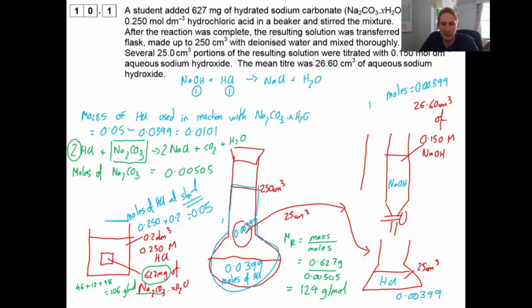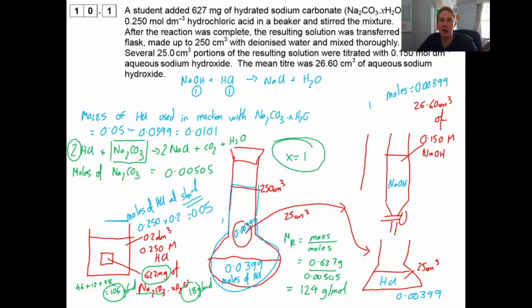Well, 124 minus 106 is 18. So we've got 18 grams per mole of water. That's one water molecule. If it had been 36, that would have been 2 waters. If it had been 54, that would have been 3 waters. But it tells us that we've only got 1 water molecule for 1 part sodium carbonate. So X must equal 1.